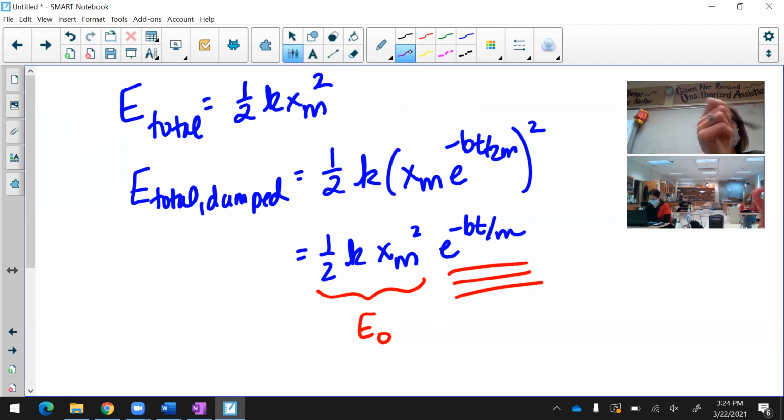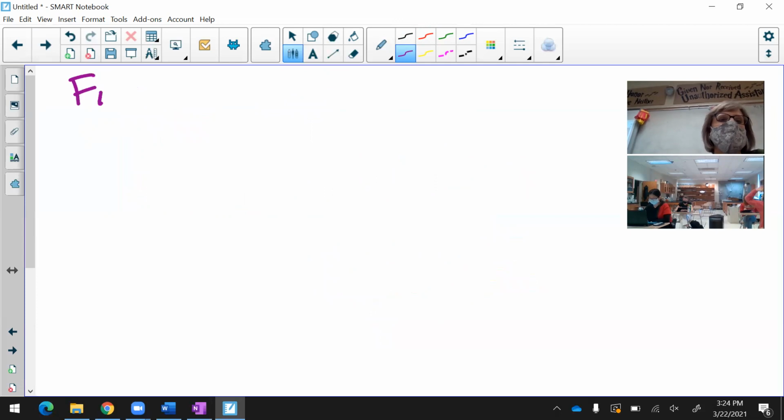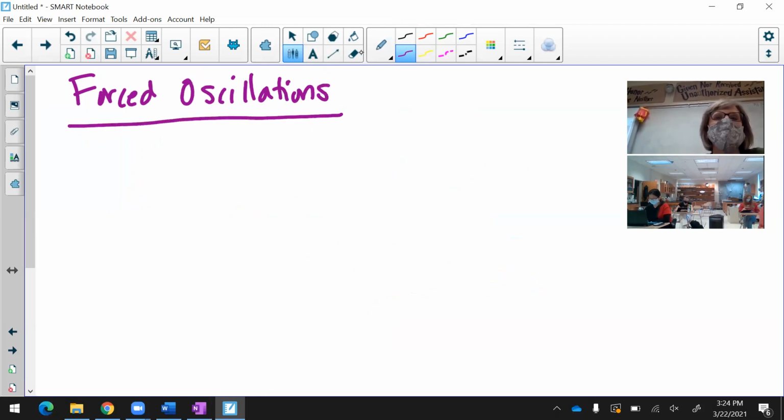All right, so the last thing to talk about is really forced oscillations. And I don't intend to get very far into this, much less farther than 50. Up until now, everything that we've talked about has been a free oscillation.